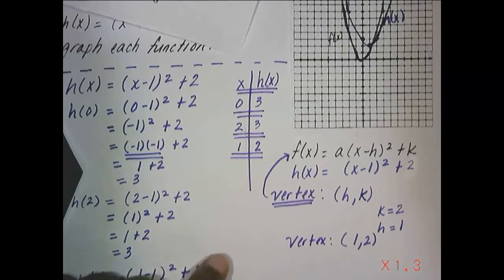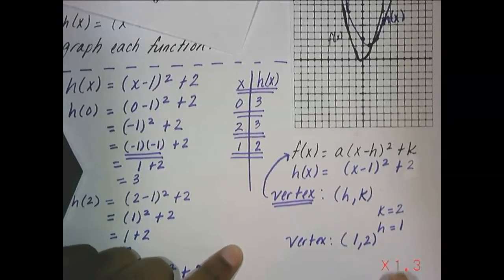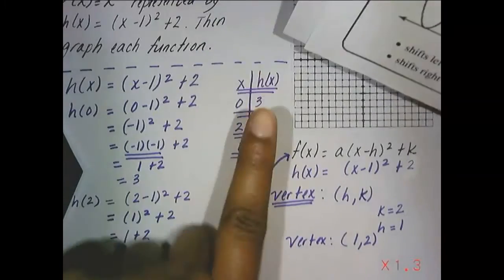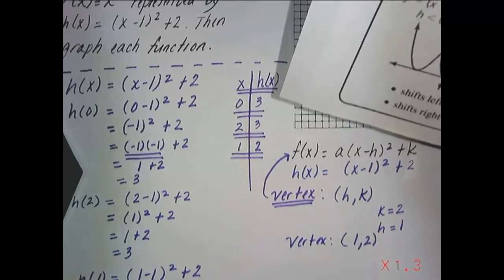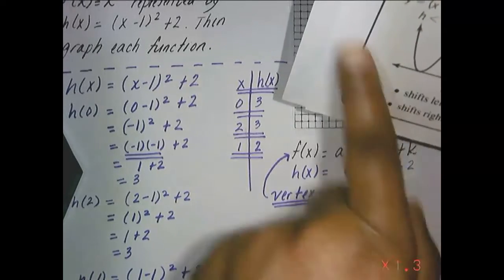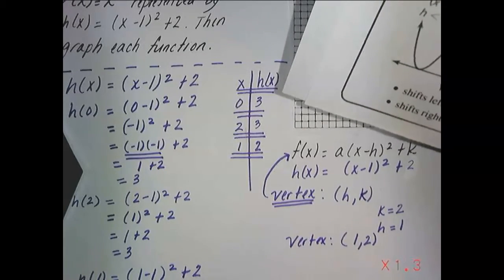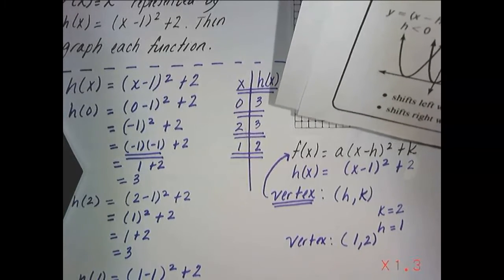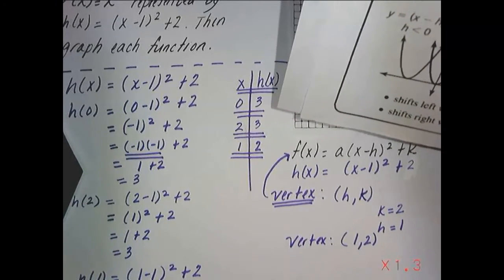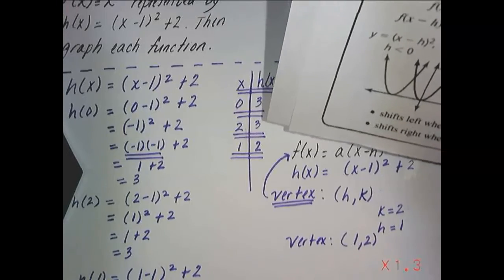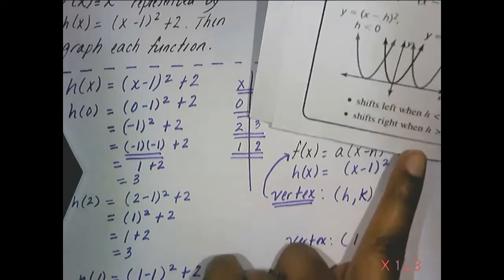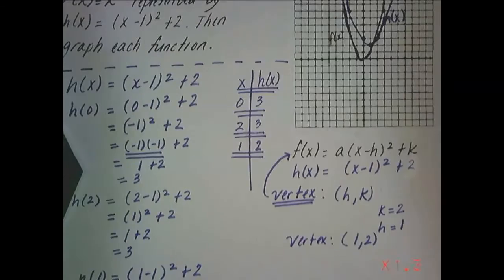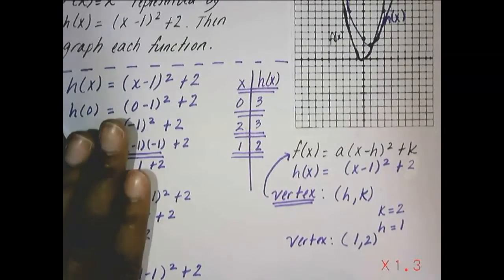Okay, so our vertex is at 1, 2, and like I said, our H value was equal to 1. Wait a second, I'm getting ahead of myself. Our H value in this case was 1, and 1 is greater than 0. So we ended up moving to the right. That's what I get for reading and writing and talking all at the same time. Doing too much.